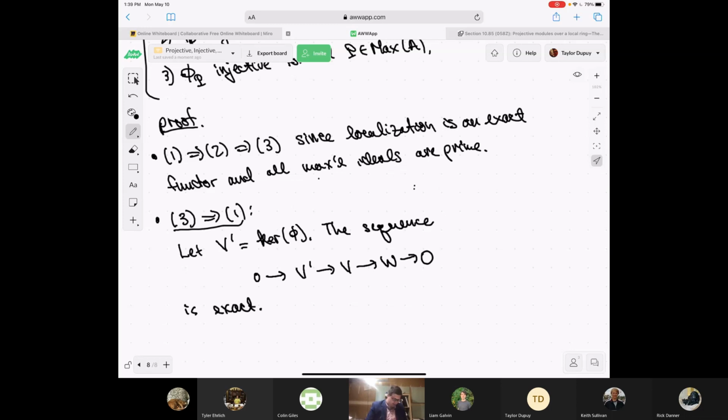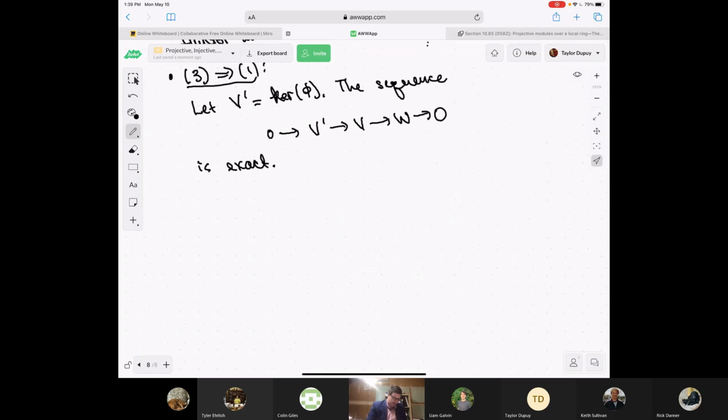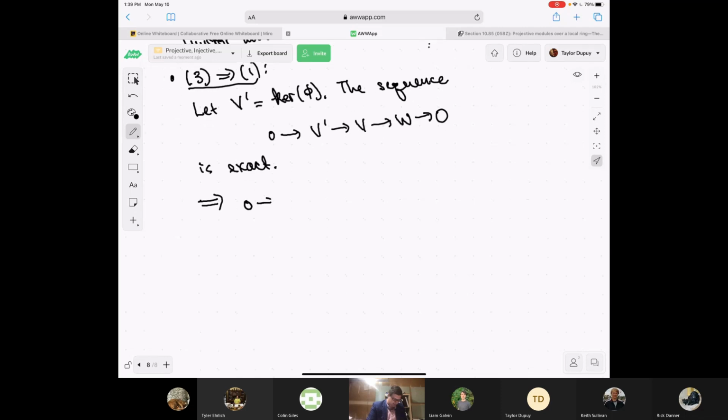Since exactness is a local property, this implies that 0 to V prime_m to V_m to W_m to 0 is exact for all maximal ideals.